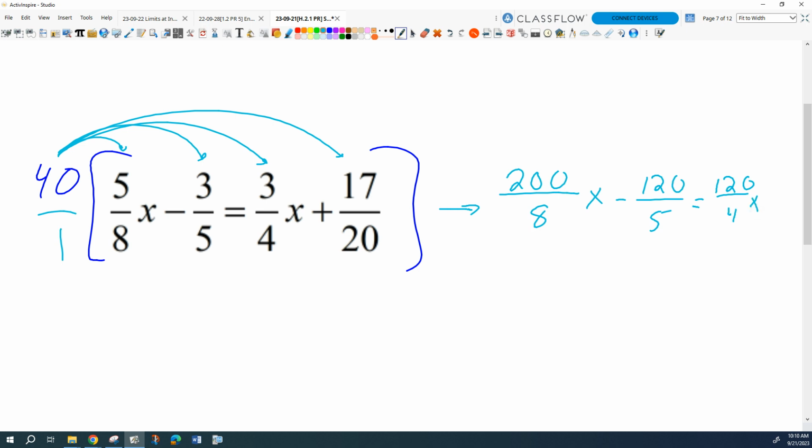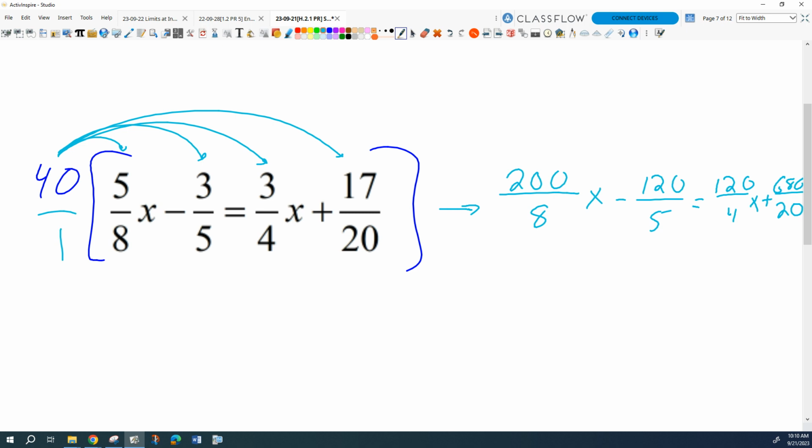And then finally, 40 times 17 is going to be 680. And so I get some pretty big numbers, right? I could reduce those fractions, and I'm going to get answers that are non-fractional, okay?